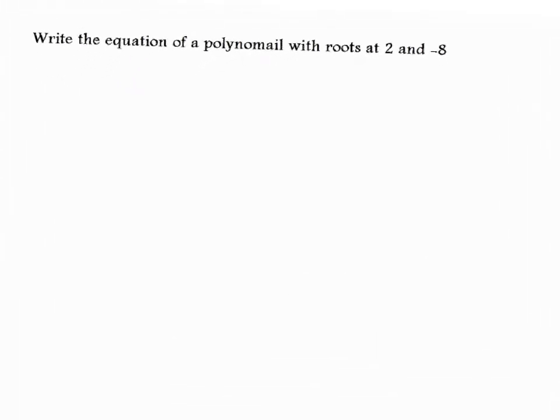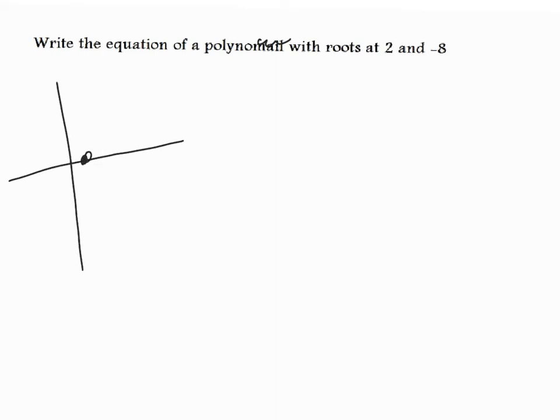I know these are super long notes and there's been a lot of definitions. This is supposed to say polynomial, there's a typo. So the roots are at 2 and -8. If I drew a picture of this, here's 2, here's -8, for example, this is going to be of degree 2.